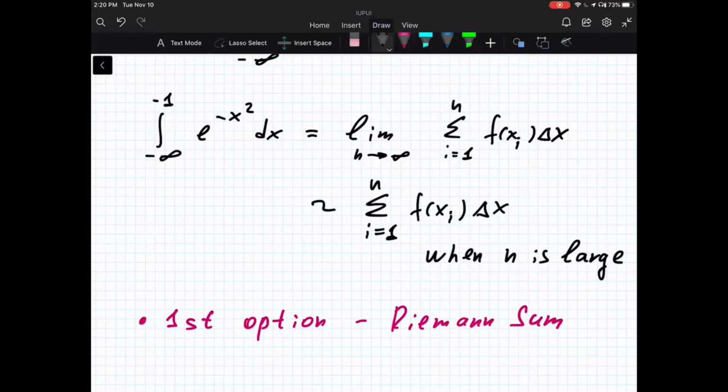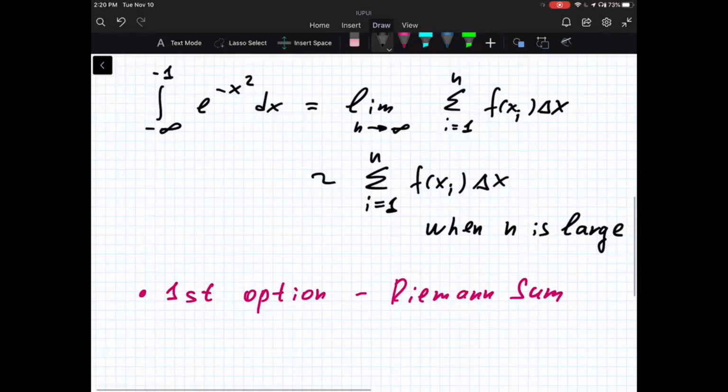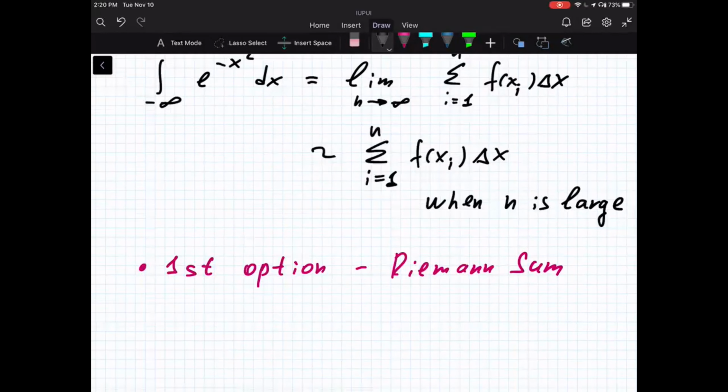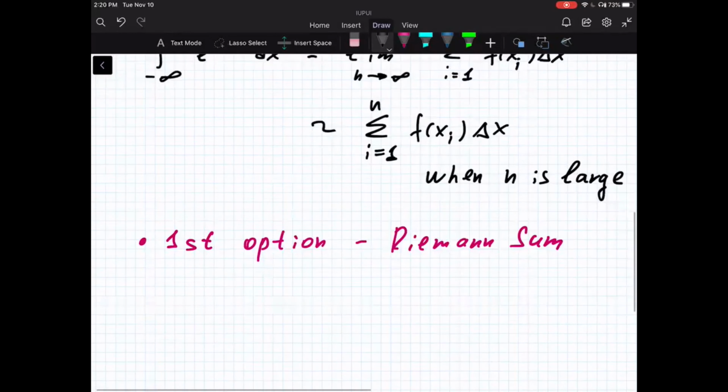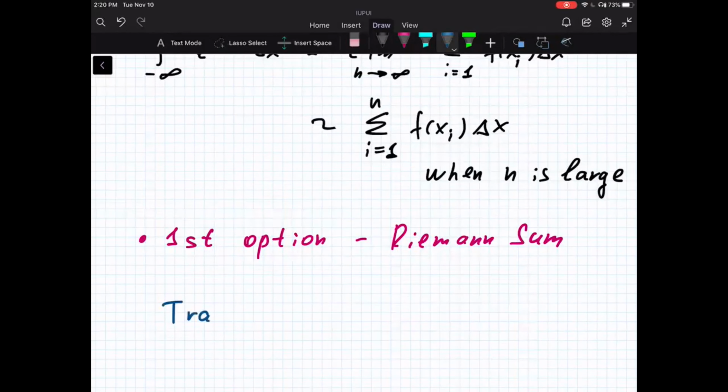But it turns out that there are other options that are slightly more intelligent than the straightforward Riemann sum. And the first of them is called the trapezoidal rule.